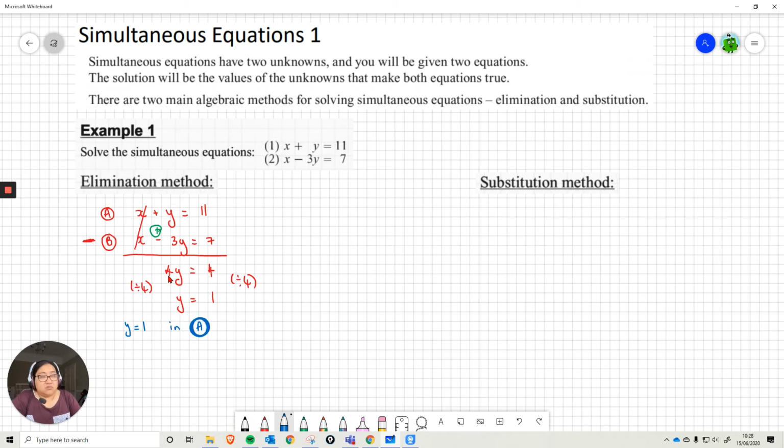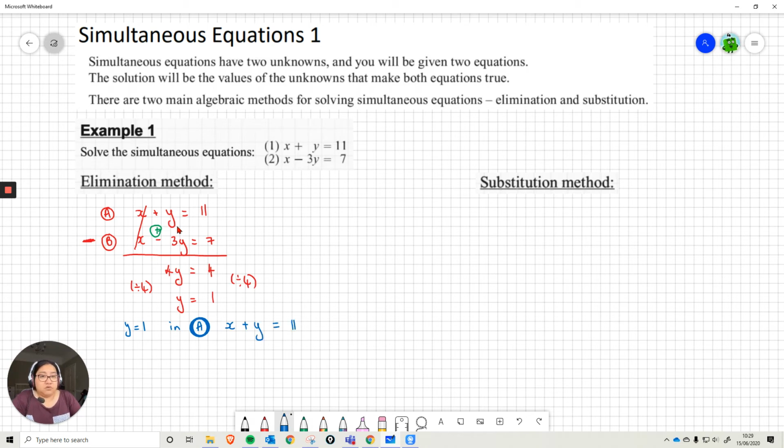Now, it actually doesn't matter which equation you use. You can choose the first or the second equation. The reason I'm choosing A is because it's all positive, and it just makes it a little bit easier to solve. Not that it's impossible to solve with negatives, it's just a bit more straightforward when everything's positive. So I'm going to write the equation out. x plus y equals 11.